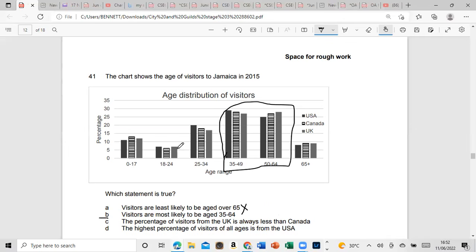No. See there, UK is greater also. So that's a lie. And they say the highest percentage of visitors of all ages is from the USA. No, that's a lie. So definitely B.